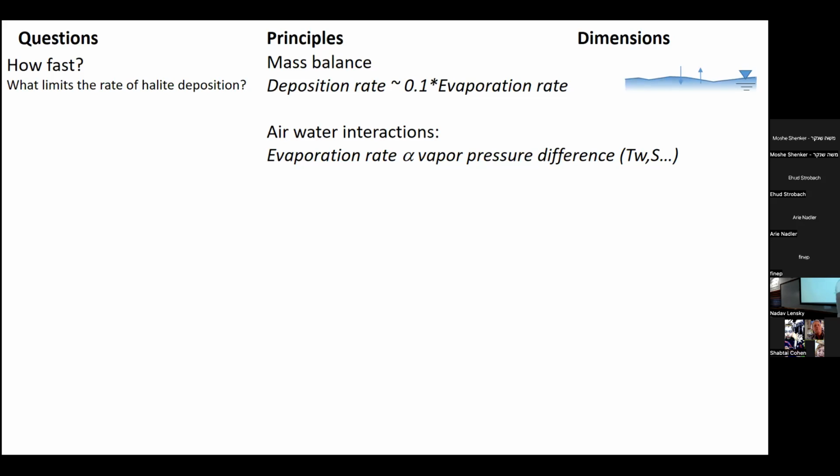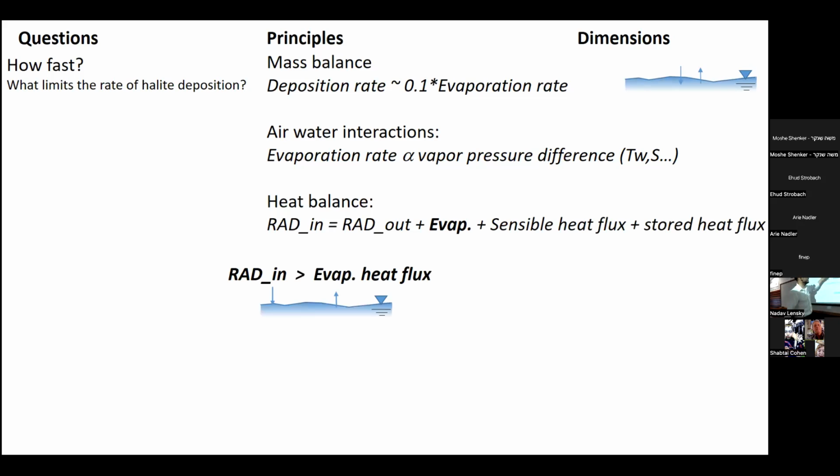To answer this question, we have to think of the concept of heat balance, where the incoming radiation is the forcing, and on the other side we have a series of processes that take the energy to other sinks, such as evaporation and sensible heat flux. These are both turbulent fluxes, and then stored heat flux. If you shut these off, with no evaporation and no sensible heat, we will have stored heat flux.